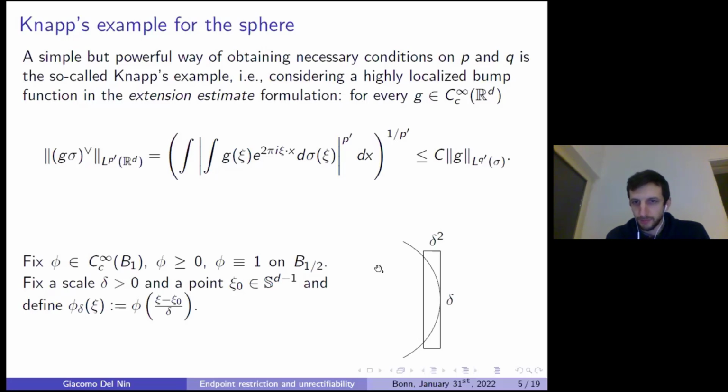Now, by the geometric properties of the sphere, this means that the support of the measure phi multiplied by the measure sigma will be contained in a spherical cap, which is of length delta in all directions except for one, but the thickness will be delta squared.